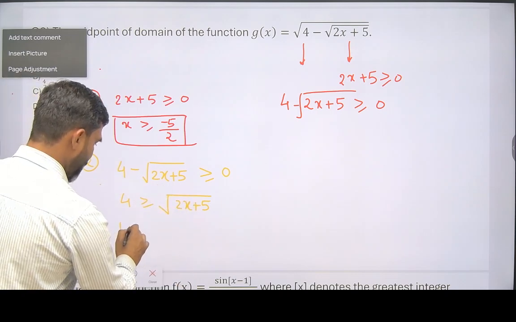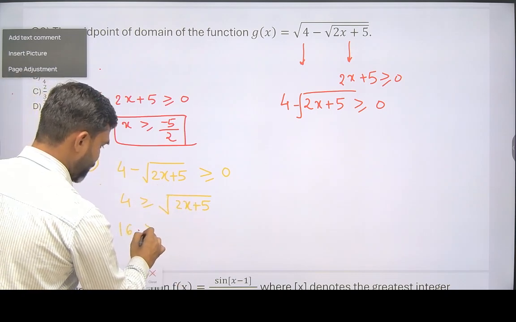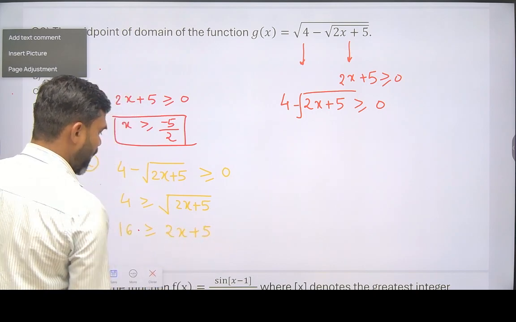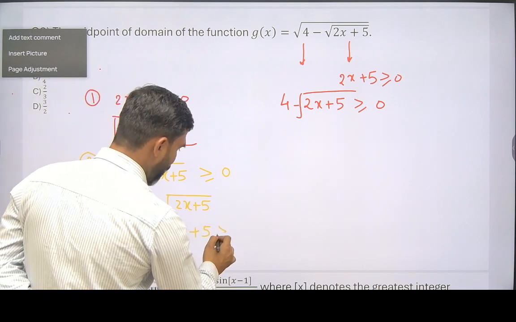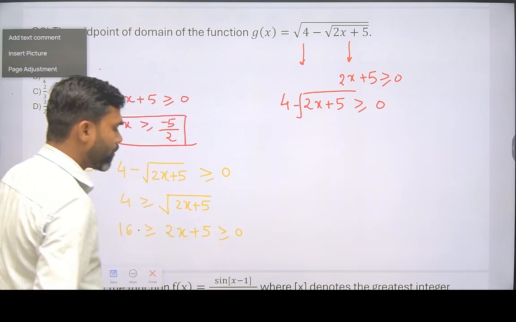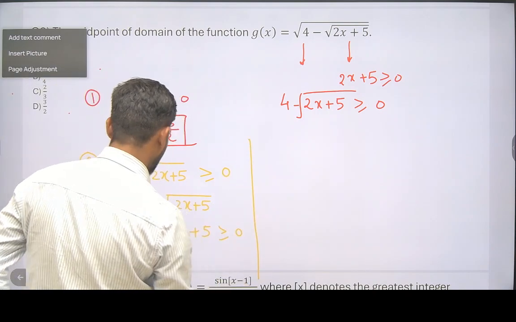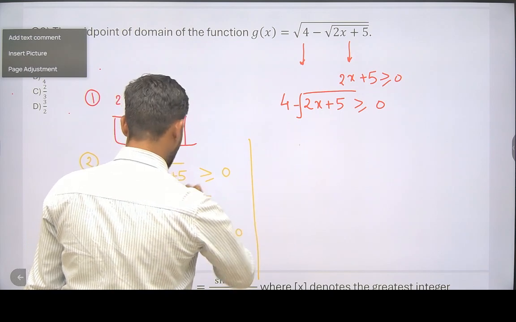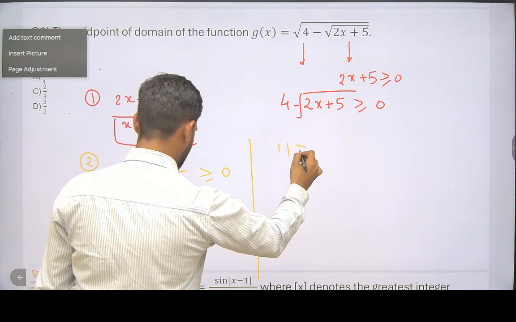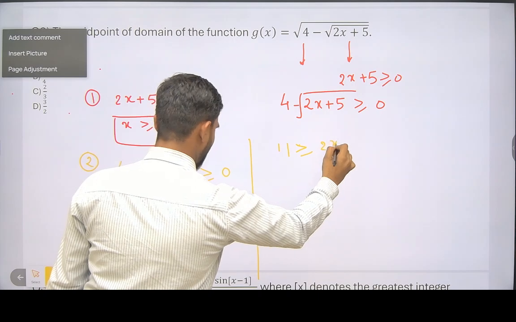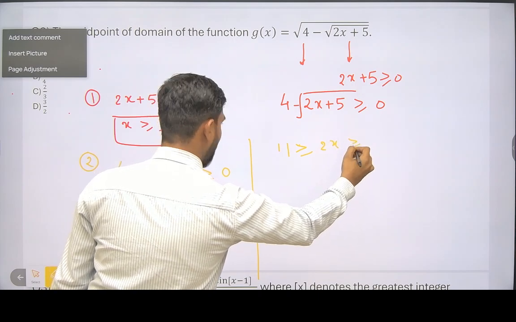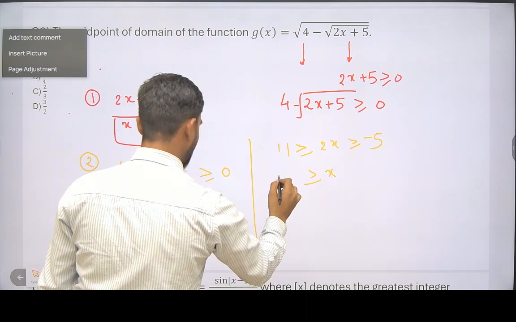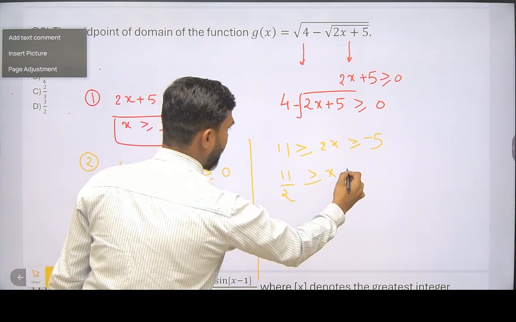We get 16 is greater than or equal to 2x plus 5, and one more thing, 2x plus 5 should always be greater than or equal to 0. If you solve this, 16 minus 5 is 11, so 11 is greater than or equal to 2x, which is greater than or equal to minus 5. So x will be between minus 5 and 11 over 2.